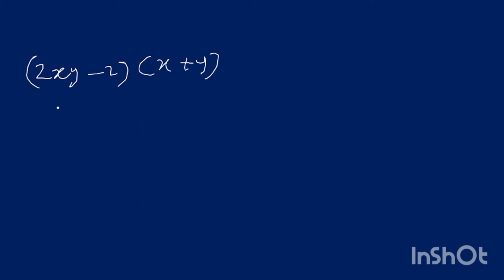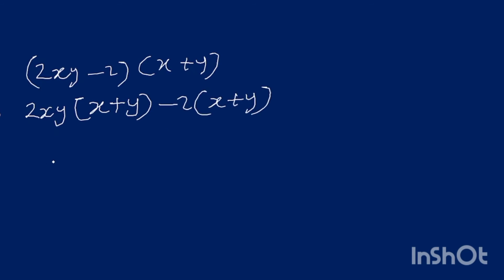So all I'm going to do is distribute. I'm going to distribute 2xy into the second bracket and then distribute minus 2 again into the second bracket. What do I mean by that? I mean 2xy I distribute into the second bracket, x plus y. Then minus 2 I distribute into the second bracket, x plus y.